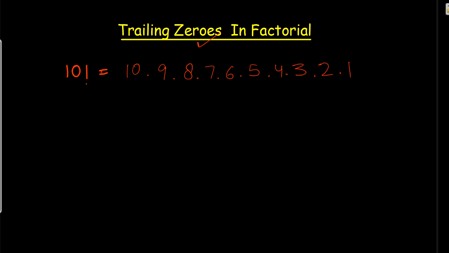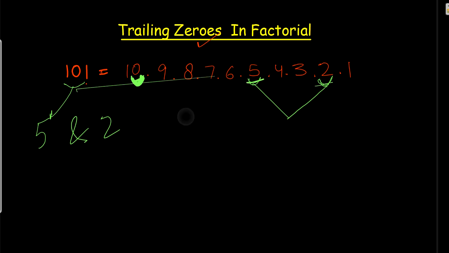By simply taking 10 out of it, or the multiples of 5 and 2, because 10 has two factors, 5 and 2. So the combination of 5 and 2 makes 10. So we need to check either 10 or 5 and 2. Till this you all agree.